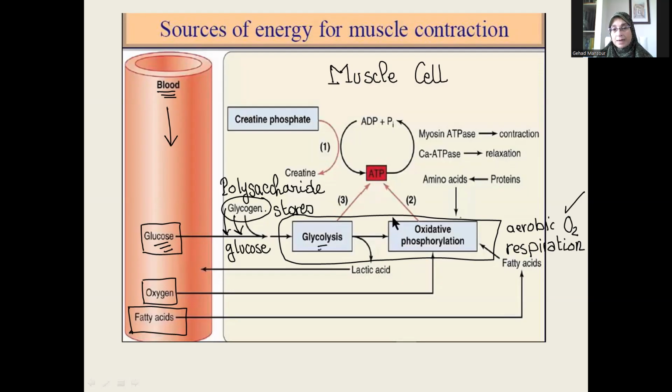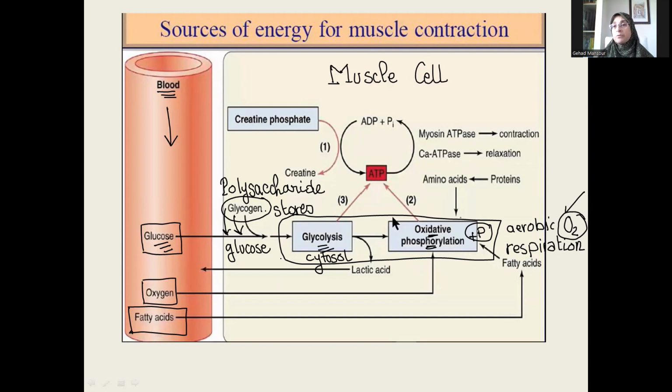The first one is glycolysis, which occurs in the cytosol. The second one is oxidative phosphorylation. Oxidative because we are using oxygen, and phosphorylation because there will be addition of phosphate to ADP. Both glycolysis in the cytosol and oxidative phosphorylation together form the whole process of aerobic cellular respiration.